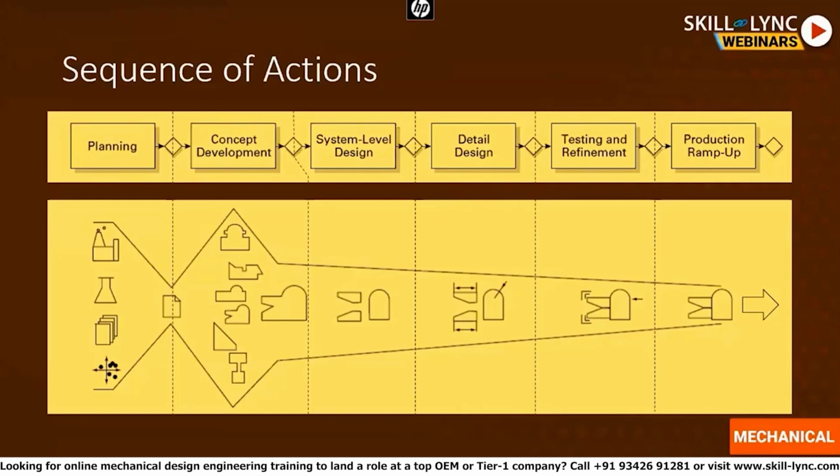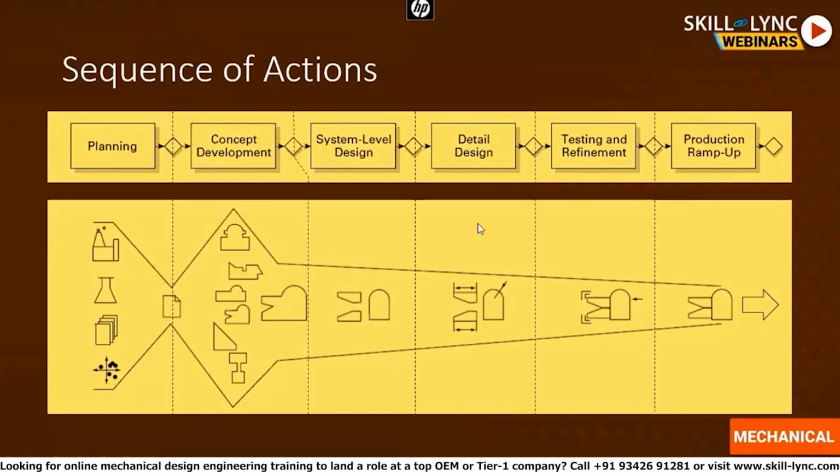And between all these 6 stages, in any company, any organization, any product, you will have a review process which says go ahead to the next step. If there is any deviation in any of these steps, the review process will immediately stop you from entering the next process.